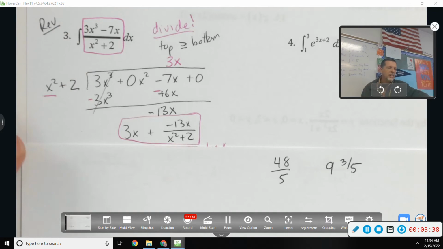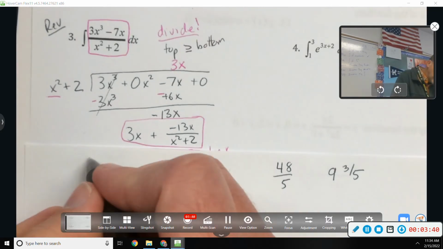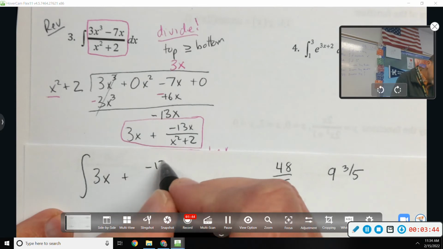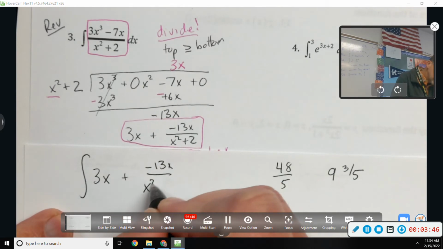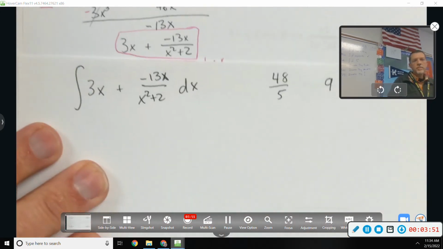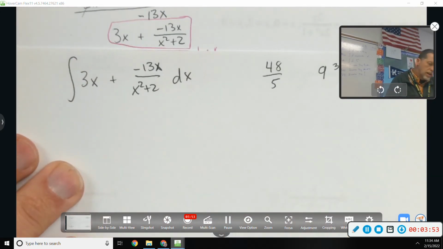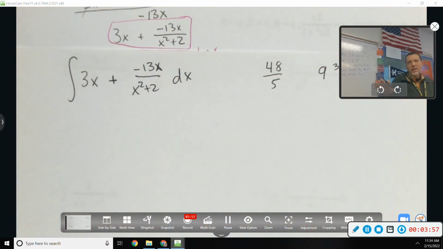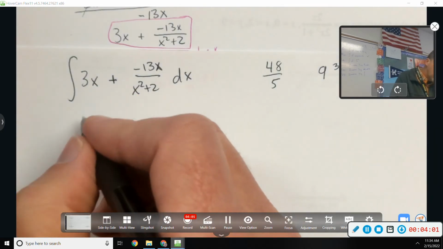All right, so now I still have the calculus left to do. So we may as well finish this problem. Addition and subtraction, I can handle them separately. I don't do that with multiplication or division, but with addition and subtraction.